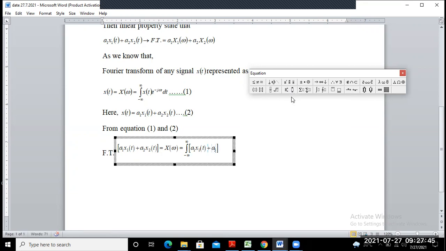Just put the value of x(t), whatever we consider here, that means a1 x1(t) plus a2 x2(t), and integrate this one, is it not?